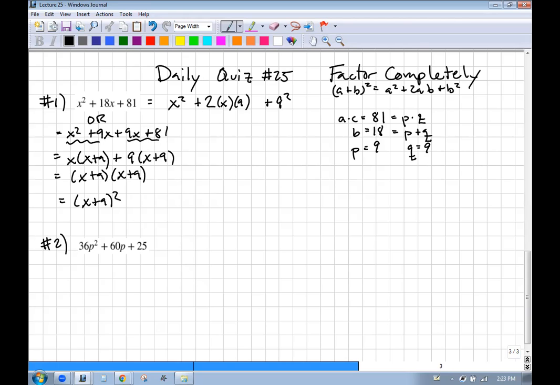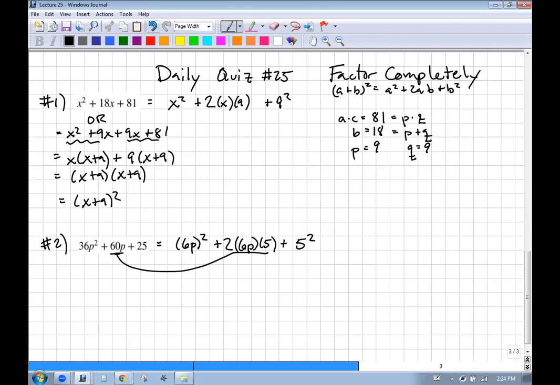Okay. Let's look at the next one here. If you see this and that, and those are both perfect squares, you ask yourself, does this fit this? All right. Well, 36p squared would be 6p squared, and 25 is 5 squared. So our A here is 6p, our B is 5. So does the middle match 2AB? Well, here's your A, here's your B. Is this equal to this? 6 times 5 is 30, times 2 is 60, and then a p.